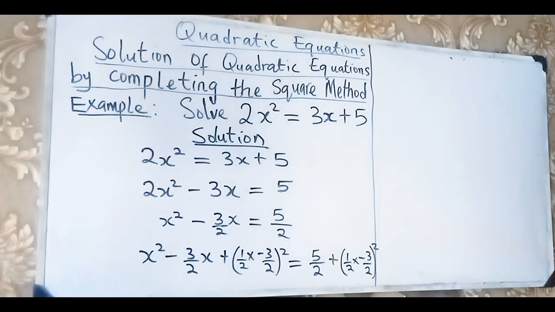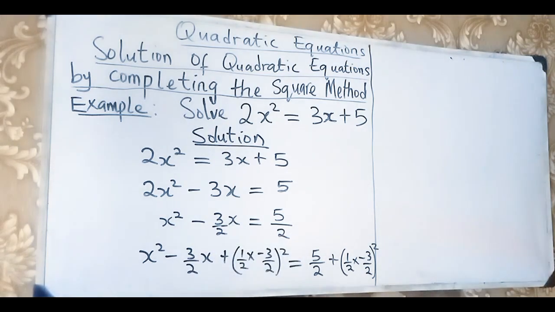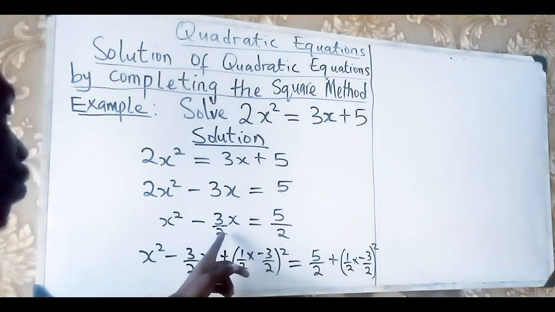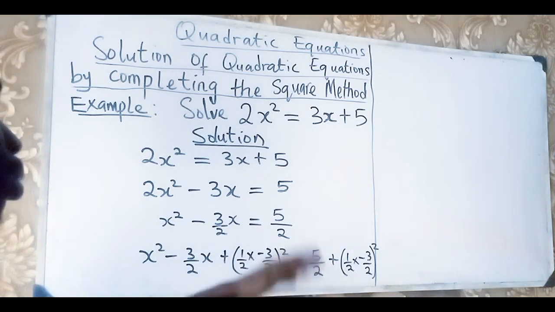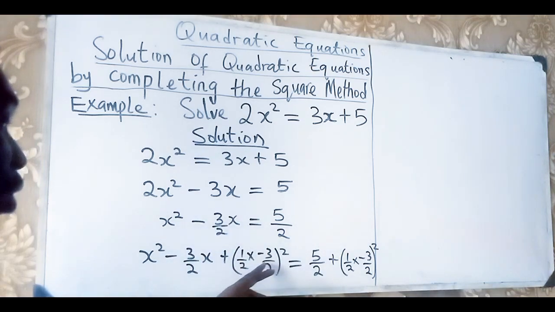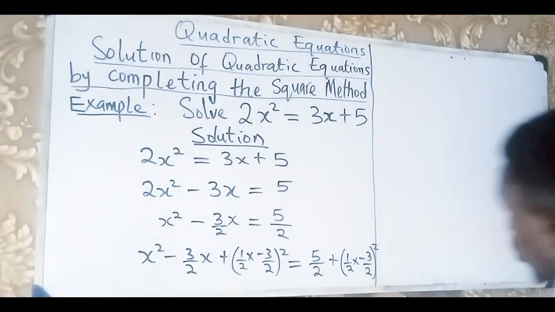So we're adding half the coefficient of x, all squared, to both sides. I repeat, we added half the coefficient of x all squared to both sides. This is the coefficient of x, minus 3 over 2. Half of minus 3 over 2 is what we have added to both this side and this side. So we'll continue with the computation.